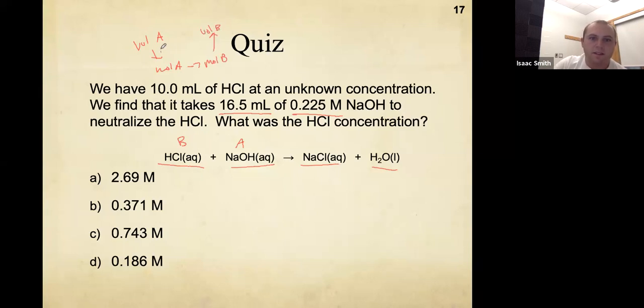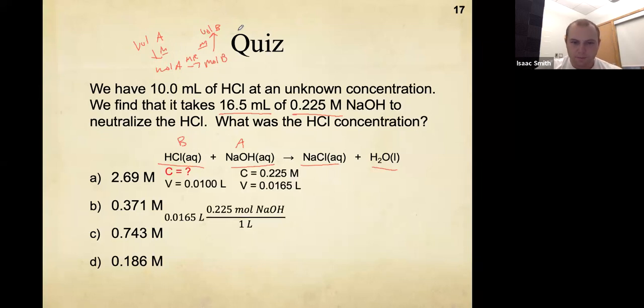This transition uses the molarity, and this is the molar ratio. This is what we've done in the last couple problems. The only problem here is we can go from volume of A to moles of A, and moles of A to moles of B really easily. We don't have the molarity to go from moles of B to volume of B, right? But if we know the moles of B and the volume of B, we can just divide those two to get the molarity.